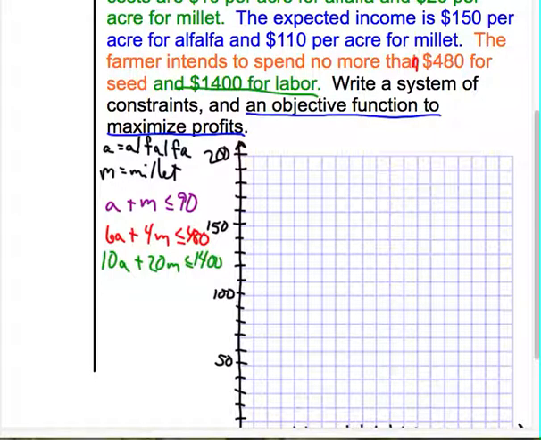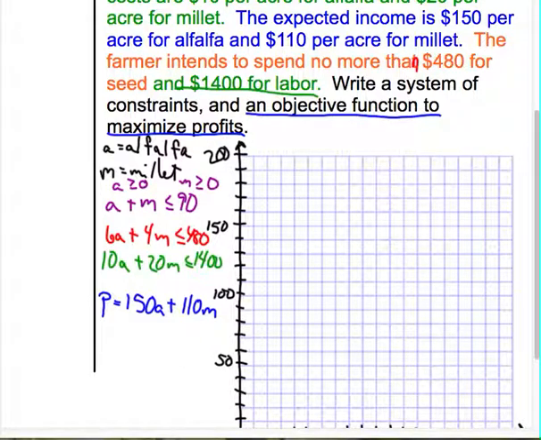So that expected income is not part of our constraints, that is our objective function. So I'm going to say P equals 150A plus 110M. And that's the function we're going to try to maximize. We are not going to be graphing that. And a couple of other constraints that we didn't actually mention, but that make sense, is that A has to be greater than or equal to 0, and M has to be greater than or equal to 0.